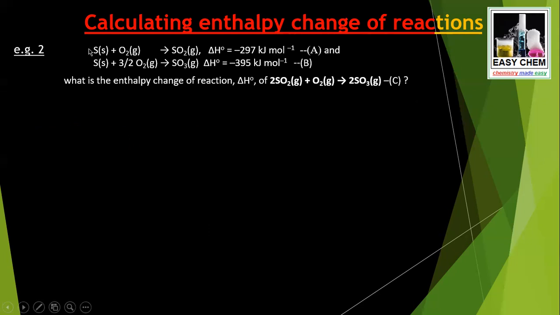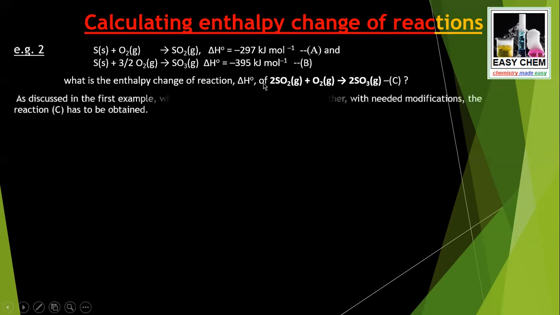In A, sulfur reacts with oxygen to give sulfur dioxide. In equation B, sulfur reacts with 3/2 oxygen to give sulfur trioxide. How are we going to use these two to produce the enthalpy change for the equation given there, which is reaction C? We have done one example.